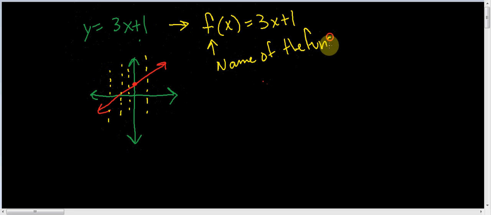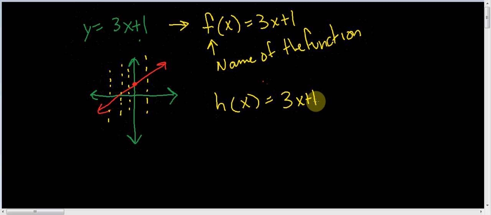And if I wanted to, I could have called it anything. I could have called it h of x, and that would have meant that my function's name was h. Most of the time people are going to use f, but you can use any letter you want. F and h, g, they're all pretty common. P is another one that you might see every once in a while. So that makes that point.